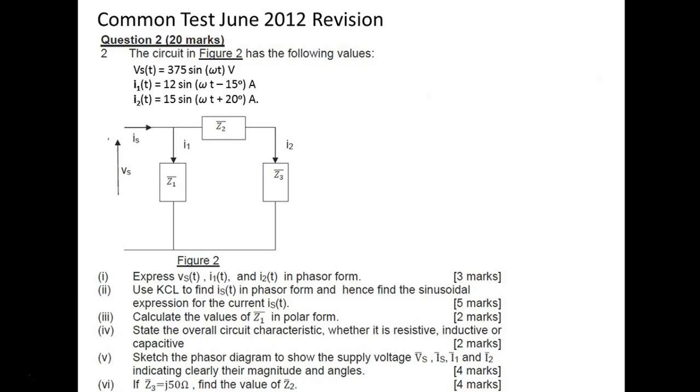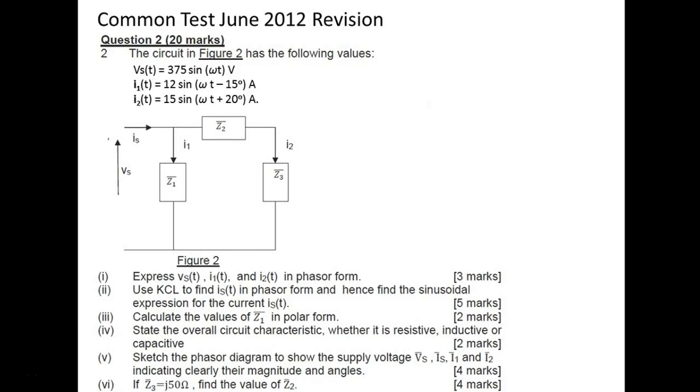Now, what are we required to find out? We want to find the Vs, I1 and I2 in phasor form, and we can use Kirchhoff's current law to determine the total current Is, and we want to find the impedance value Z1 in polar form.